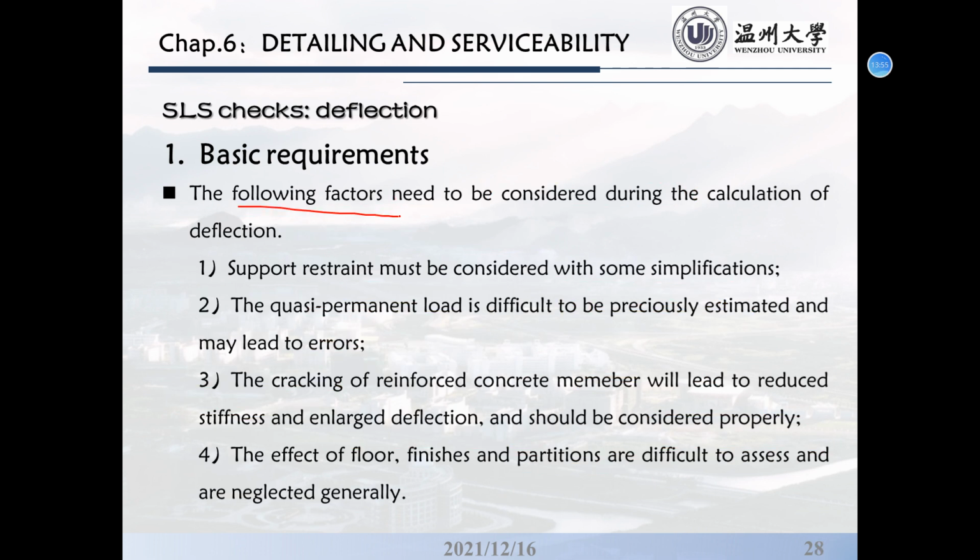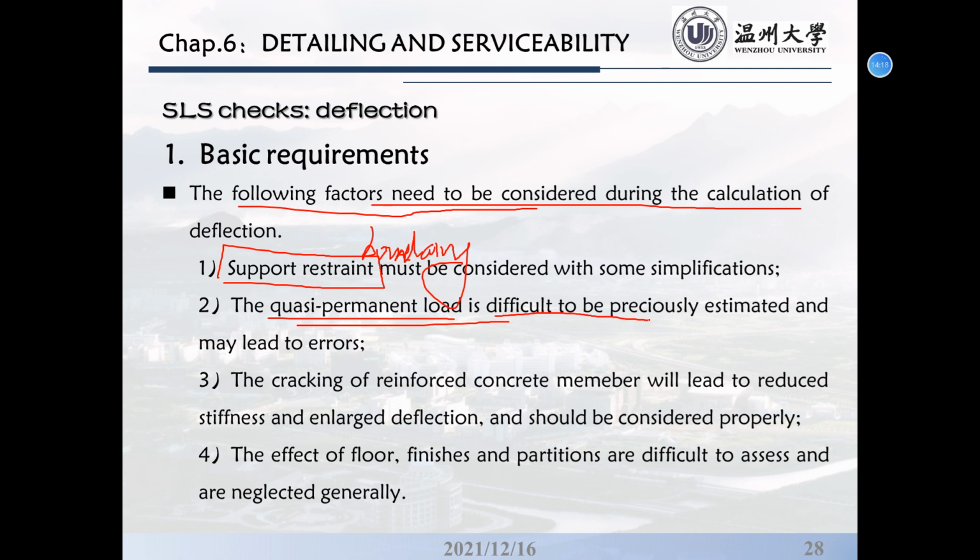Yeah, look here. The following factors will affect the deflection calculations. Yes, support regime, the different boundary conditions. Quasi-permanent load is always difficult to estimate, right? May leave some errors.